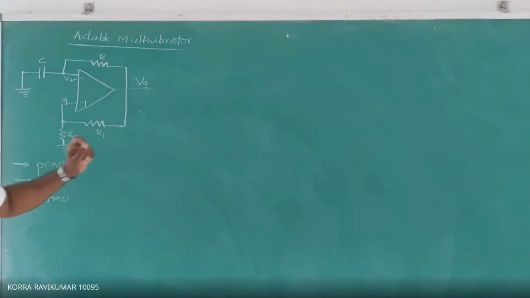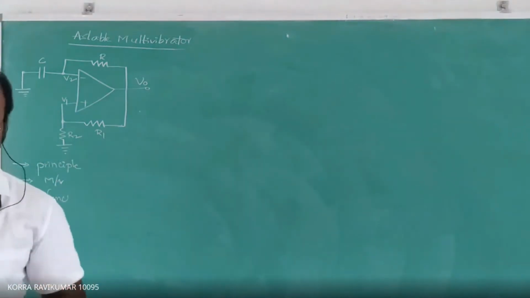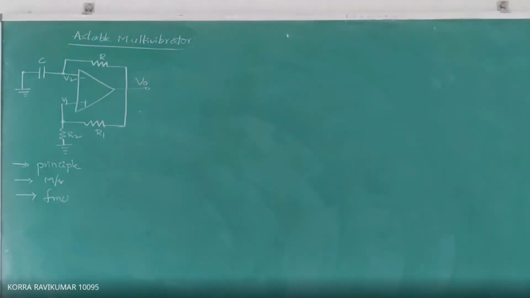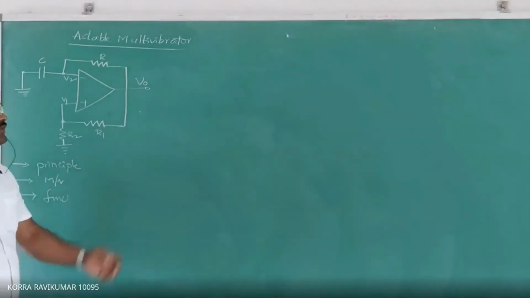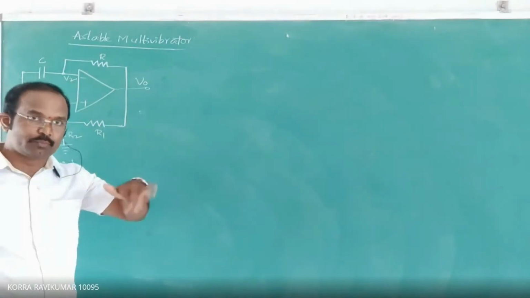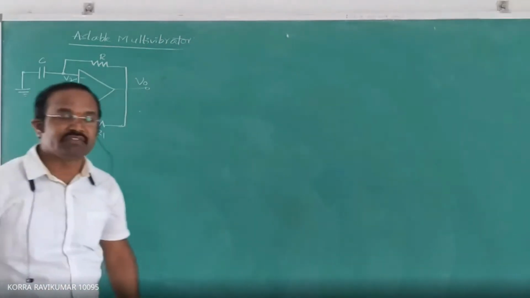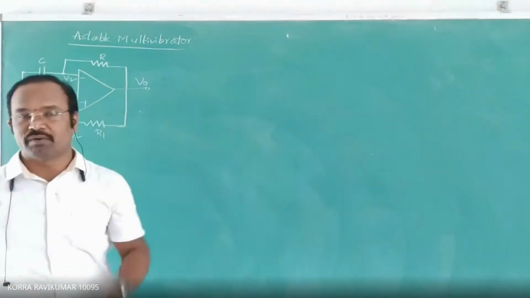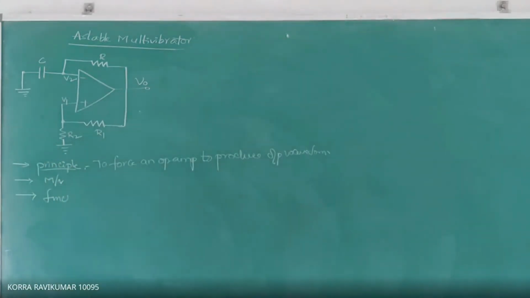What is the principle of this astable multivibrator? The main principle is to force the op amp to generate the output waveform, by making use of plus VCC and minus VEE.